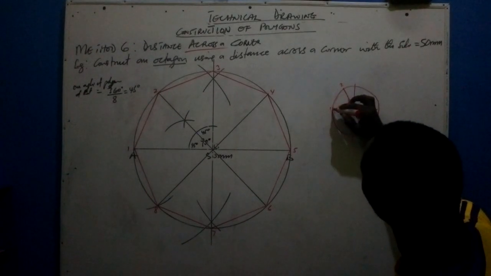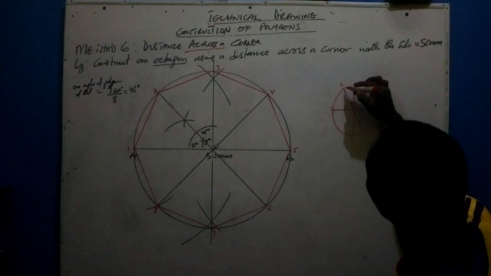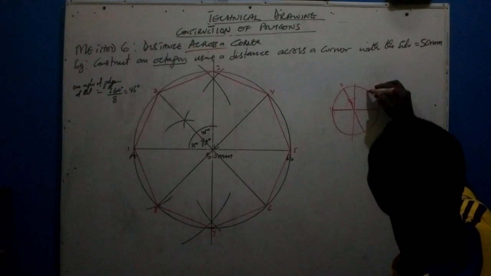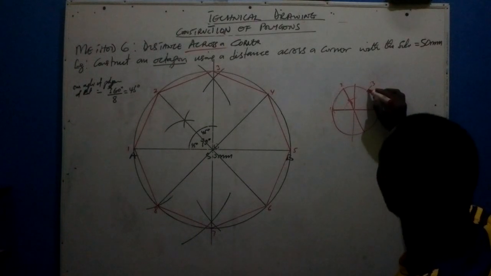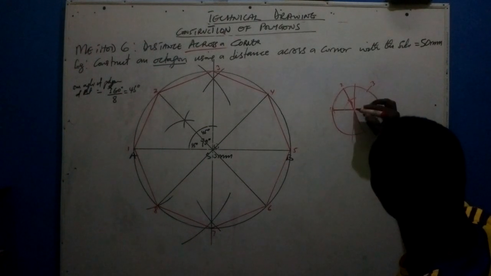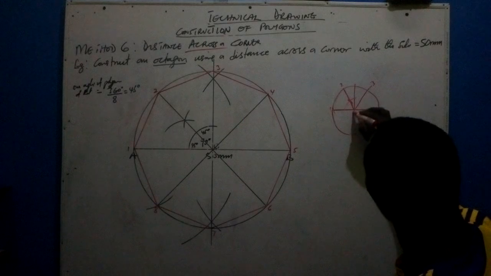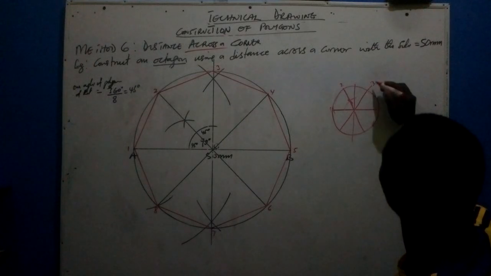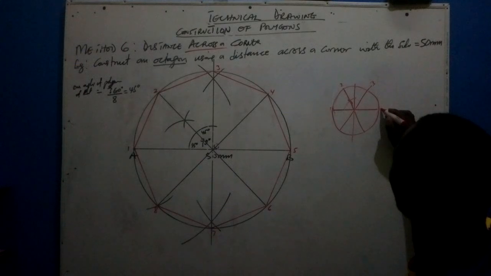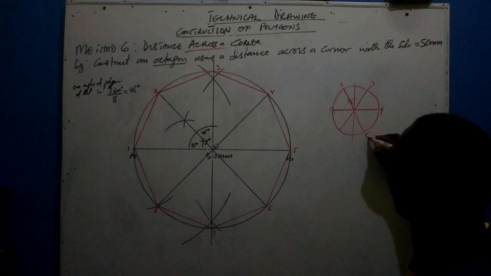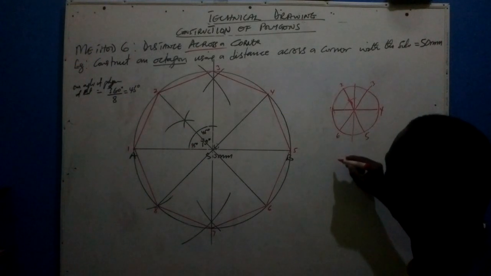From 1 to 2, I'll place my compass and open it. Then I'll stand on 2 to mark 3. Based on the reference here and the reference here, I'll just draw to pass it through. If it is 3, then here will be 4, here 5, and here 6.